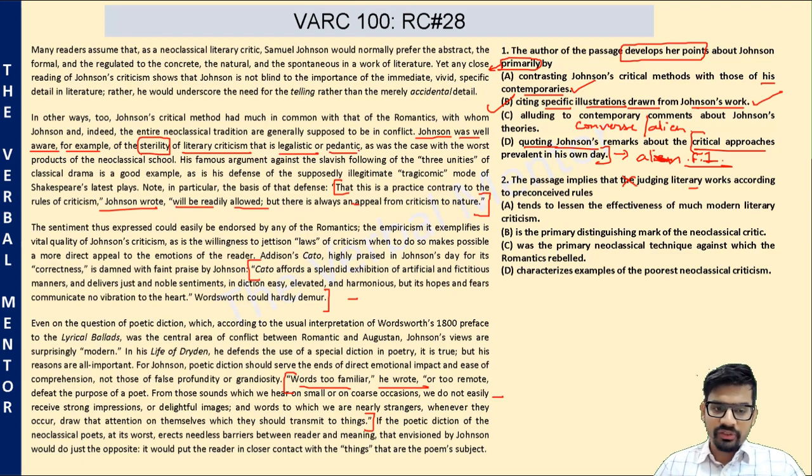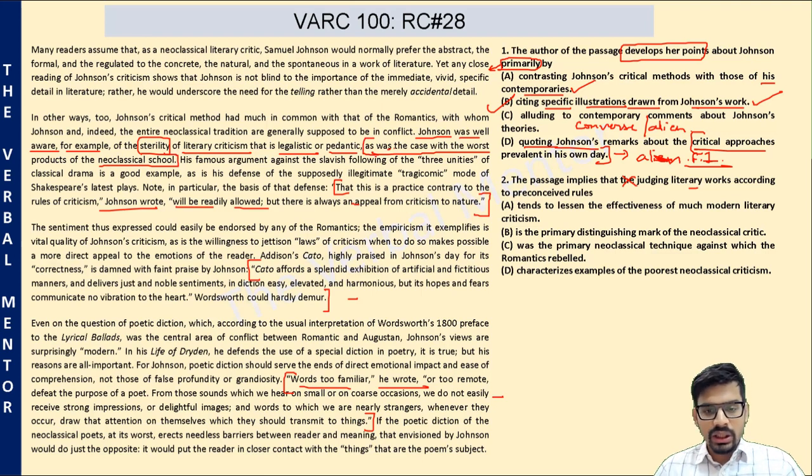So basically, if literary criticism becomes too rule-oriented, too rule-centric, it becomes sterile. Sterile means useless, ineffective, as was the case with the worst products of the neoclassical school. Now, this is the author's point of view, the writer of this passage's point of view, not Johnson's point of view only.